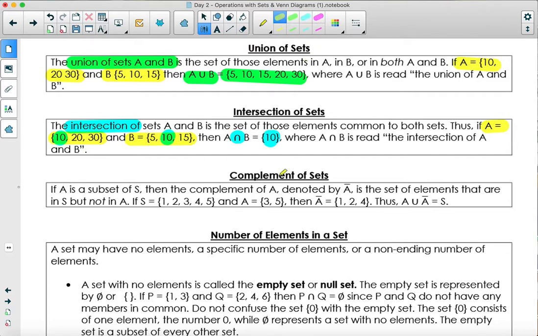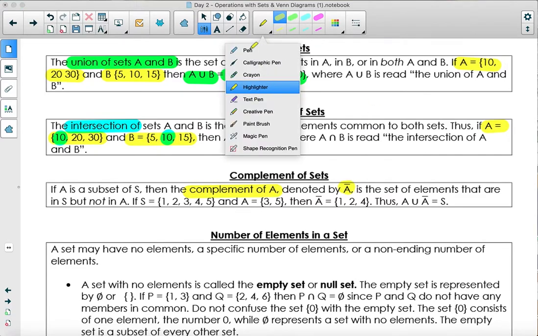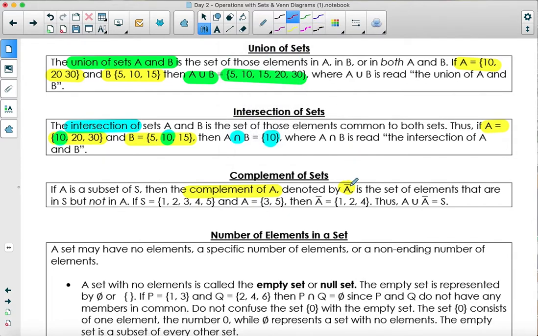Okay, now for the complement of set A, which is typically written with this A with the line over it, but I know some of you had sent some questions that sometimes they'll write it as A with an apostrophe next to it. That can also be seen as the complement of A. I've also seen it where they write A with this little tiny C below it.